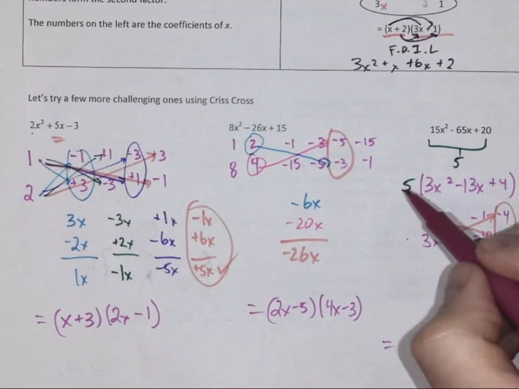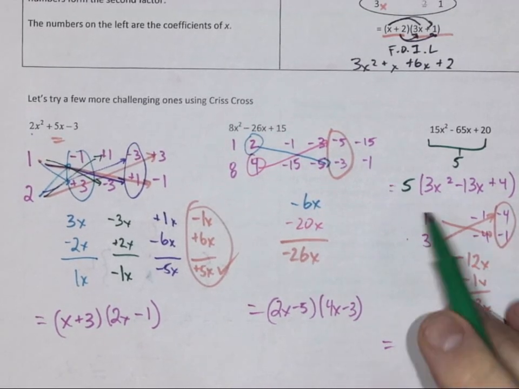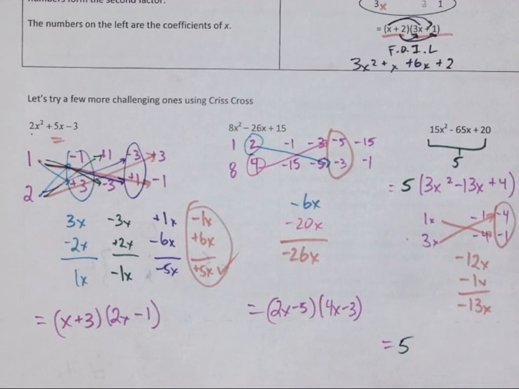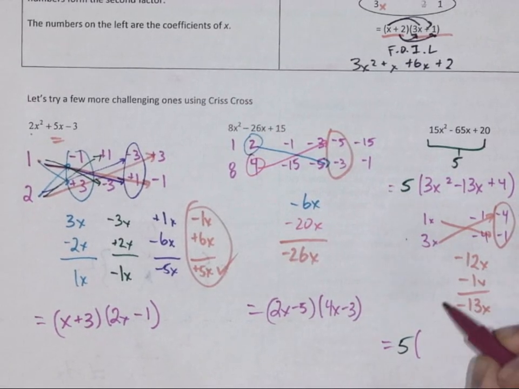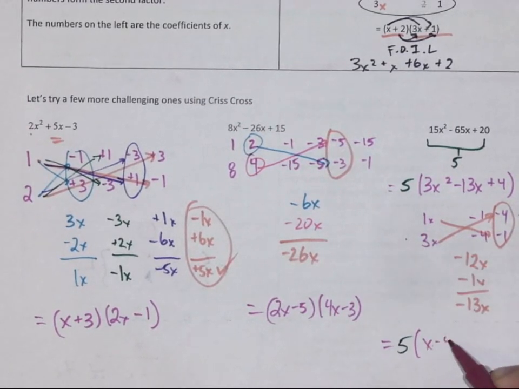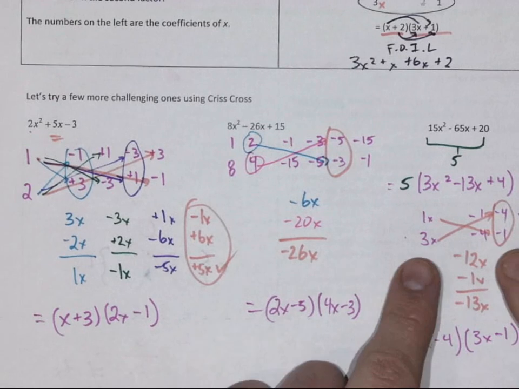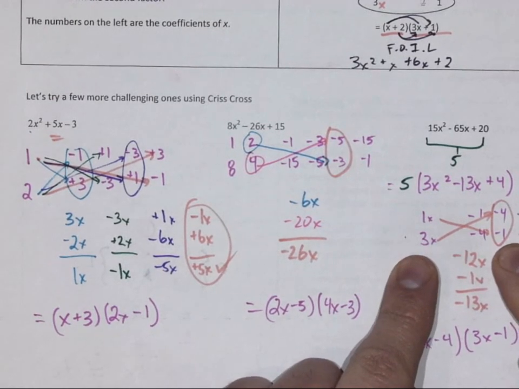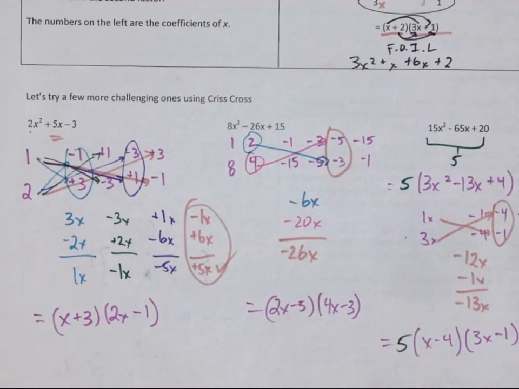So my answer, I still have that 5, that common factor, it doesn't disappear. And I have x minus 4 and 3x minus 1. And now I've factored by crisscross. Decomposition, but crisscross. Whatever method you feel more comfortable with is up to you, and you use that one.